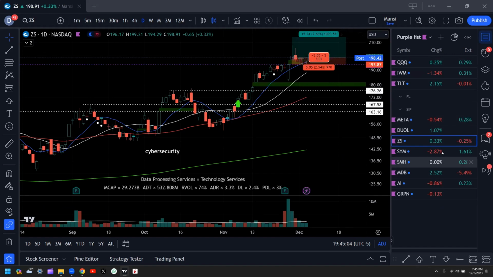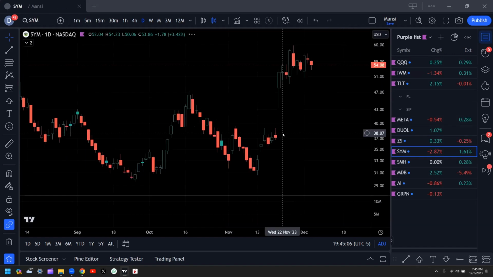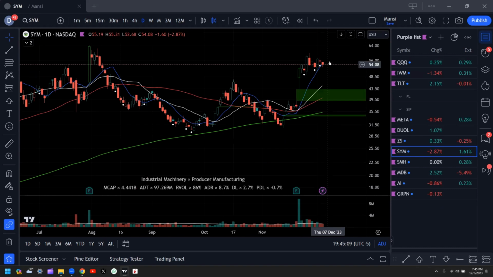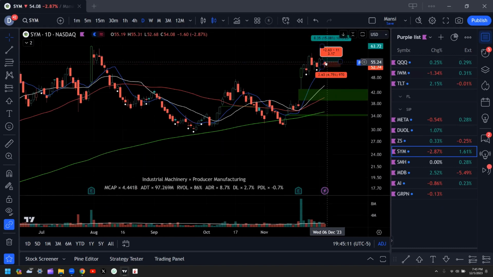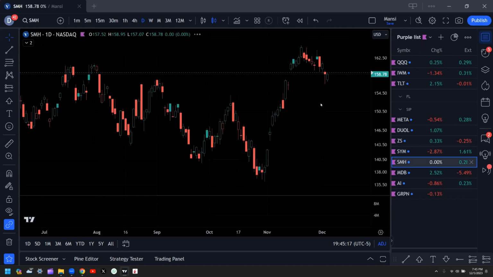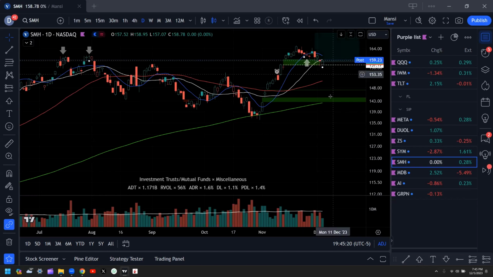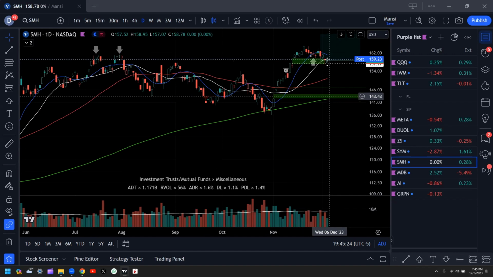Zscaler looks fine as well. Sim, I went through what was looking. Yeah, this one has a good RR as well, 1:3, which is fine. Semis, I already have a position in, but if I end up booking a partial in NVIDIA in the morning, since it's already more than 1 hour, I might take a position in the semis just to double down on that.